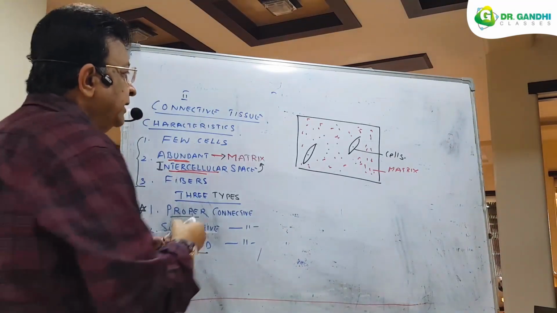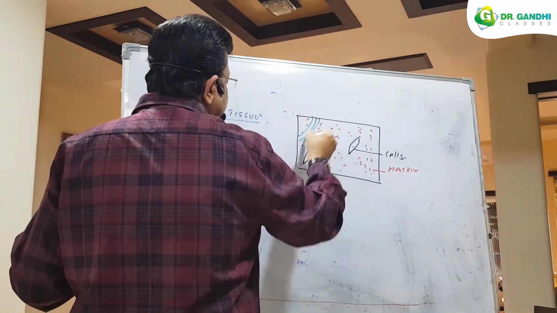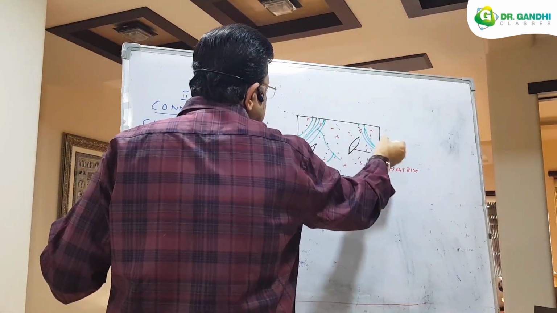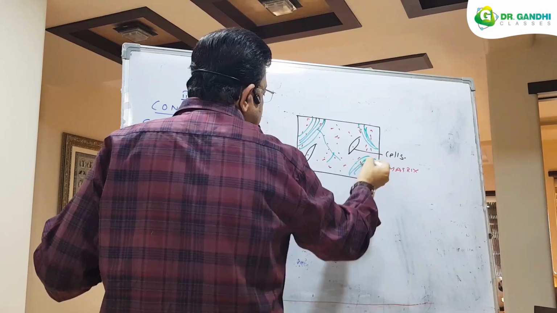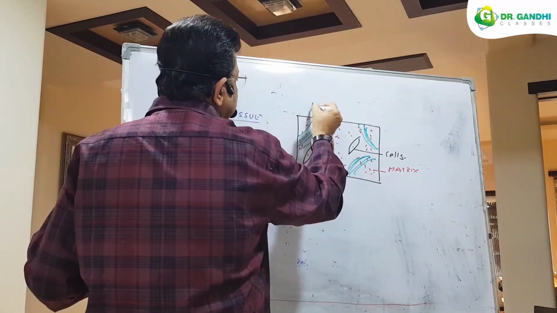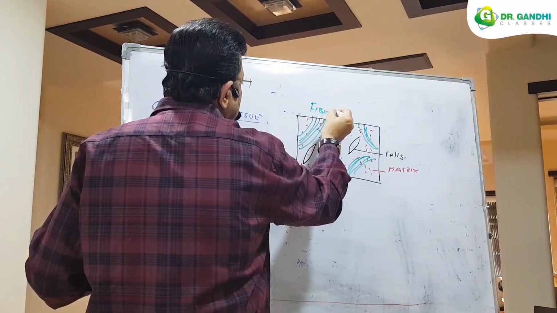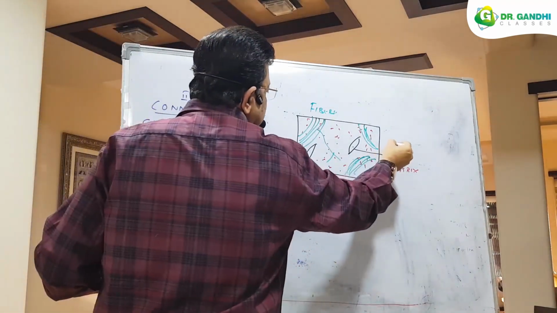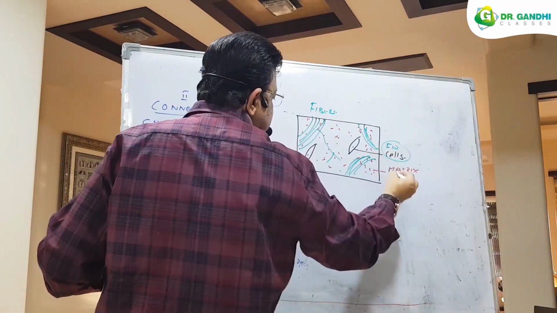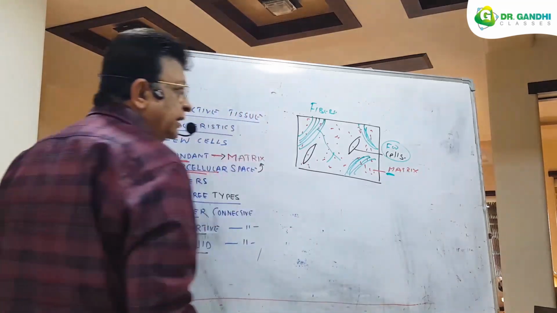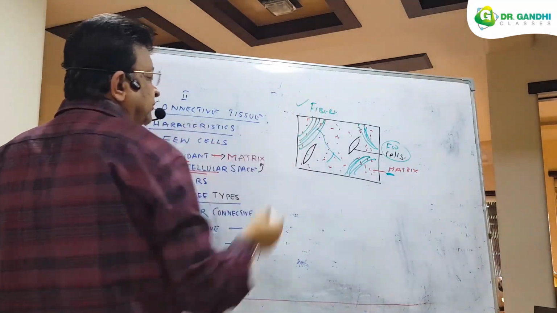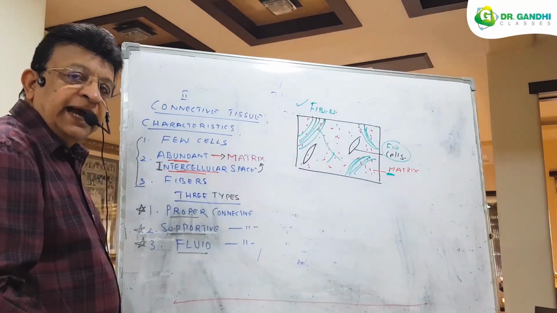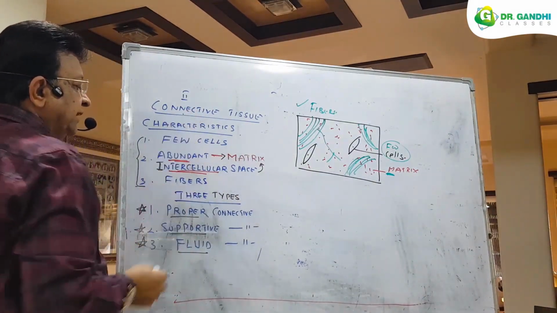So now I'm drawing the fibers, all types of fibers. So three things are required to call a tissue a connective tissue. First, there should be few cells. There should be abundant intercellular space and there should be fibers. This then is the characteristic feature of connective tissue.